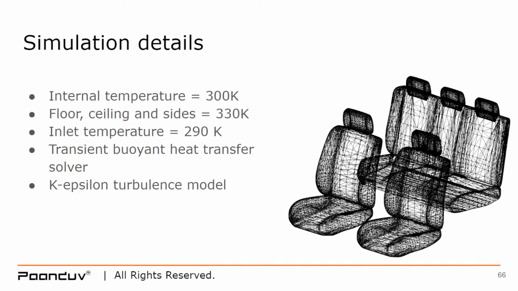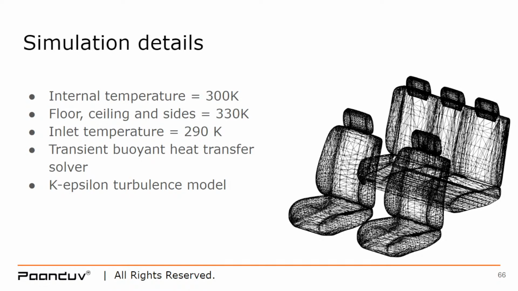Okay, so this is a simple case study. We'll show a more complicated case study after this, but this is a simple case study of two rows of seats of a standard Maruti car, three seats in the back, two seats in the front, and you can see the geometrical complexity. This is how the seats are captured as they are by the simulation software that we use, which is OpenFOAM.